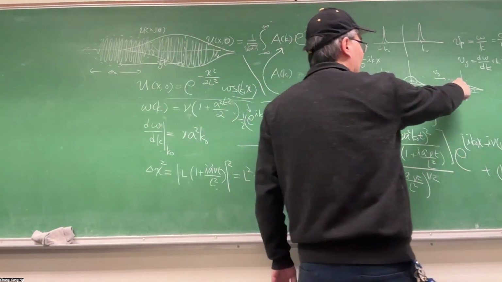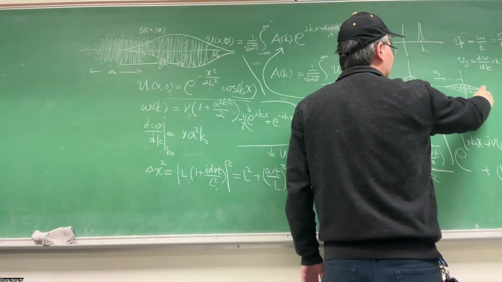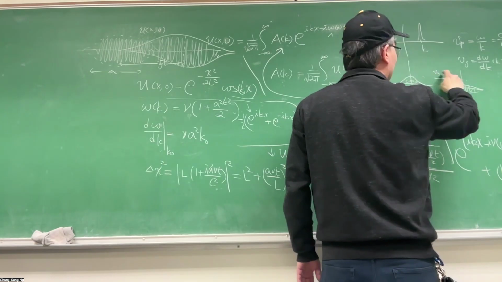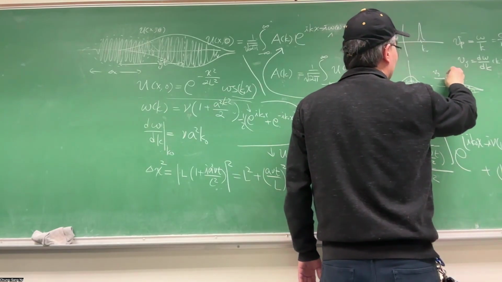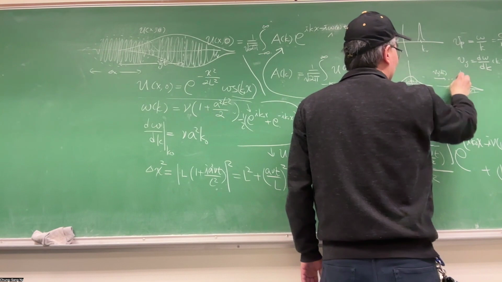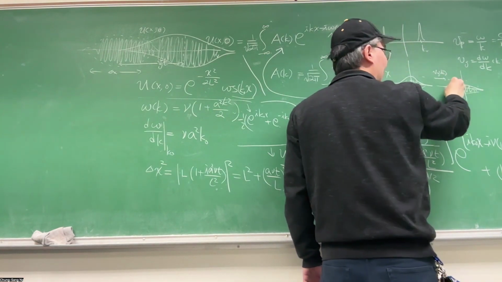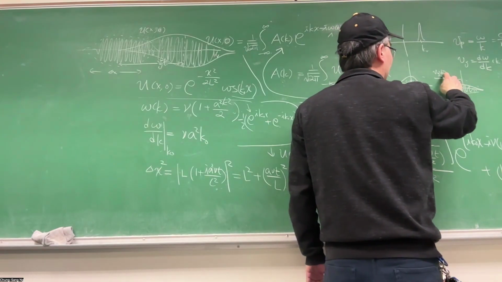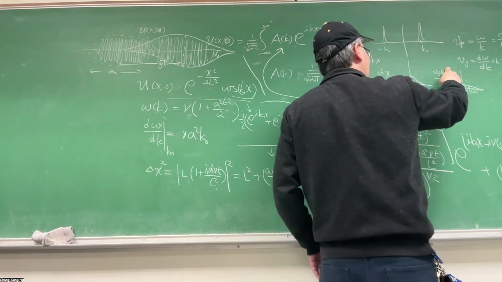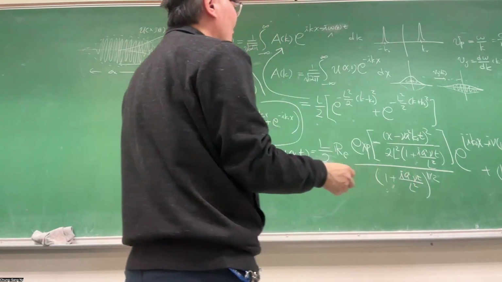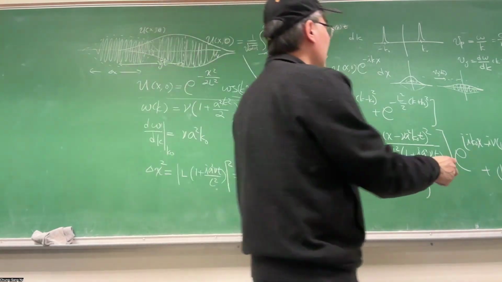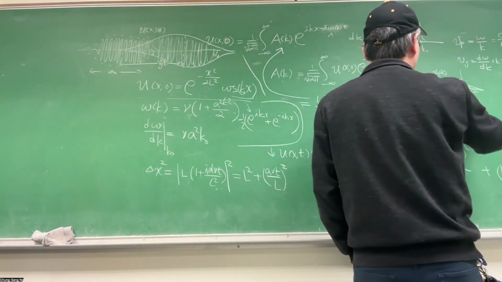This is not just vg, this is vg as a function of k. For higher k it moves faster, for smaller k it moves slower, so the whole thing broadens.